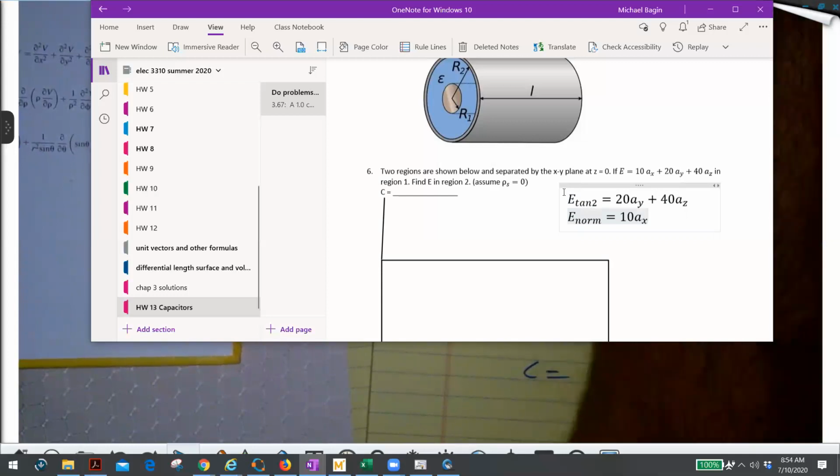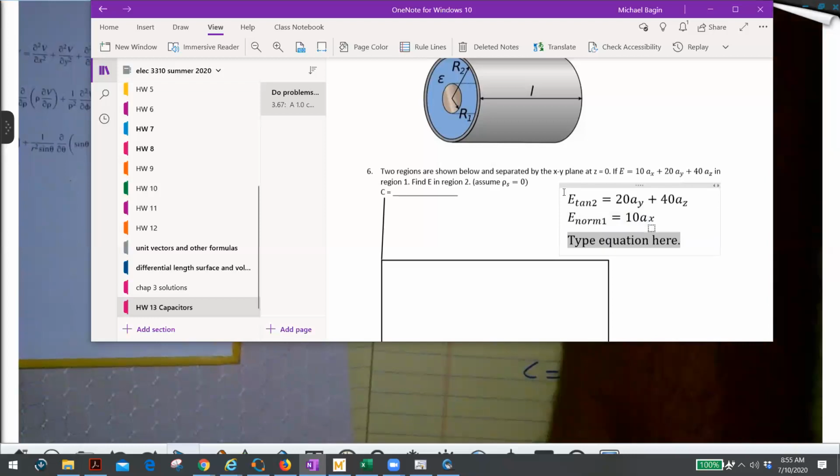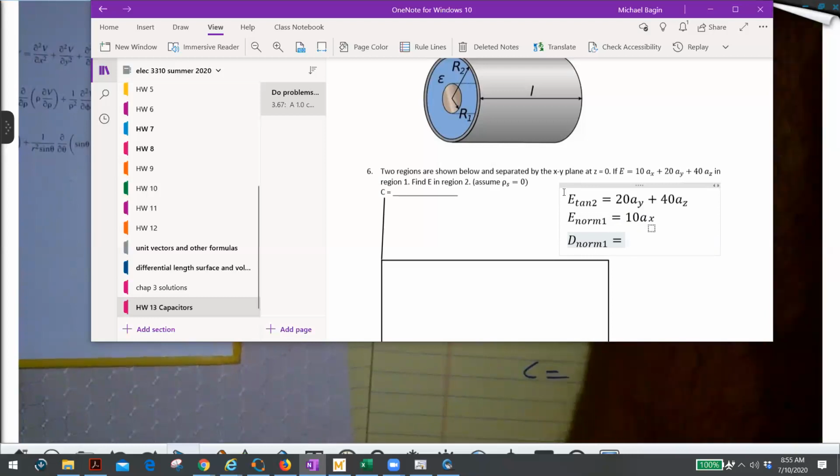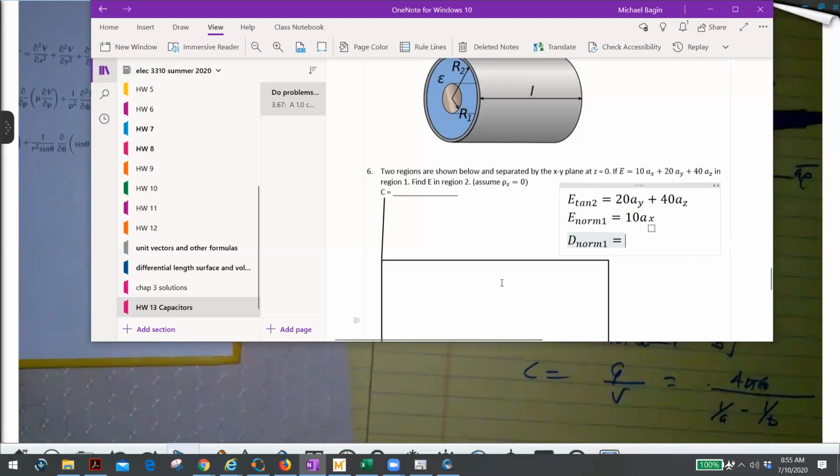And that's in region 1. I better put 1. Well, now I need D normal 1, right? So D norm 1 is equal to what, Tyler? It's E times the epsilon relative of region 1.